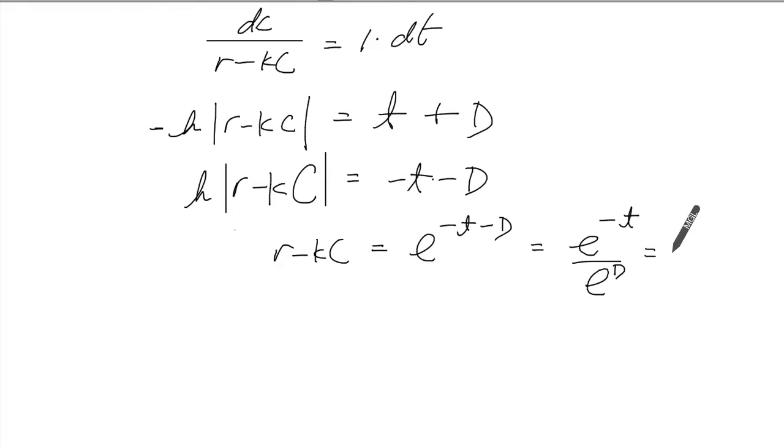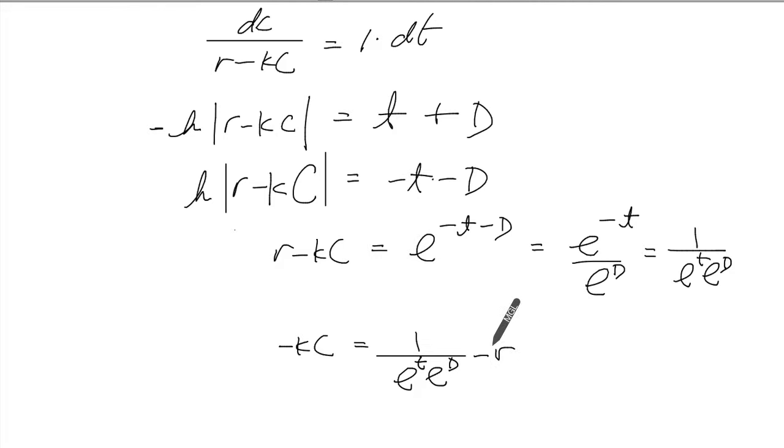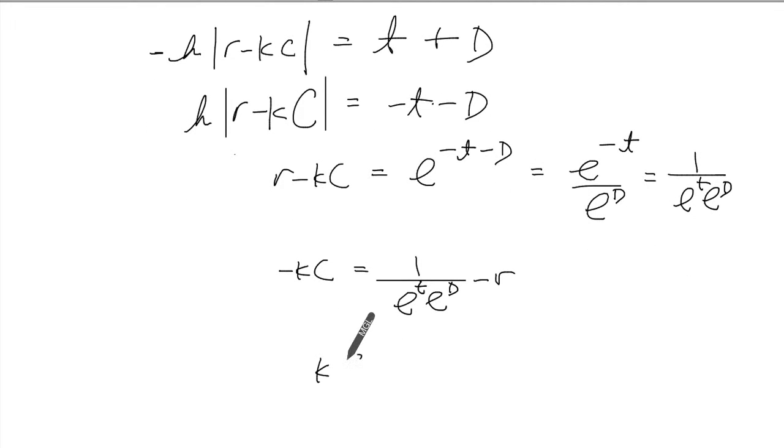That's the same thing as 1 over e to the power of t times e to the power of D. All right, so we have then minus kC is equal to 1 over e to the power of t e to the power of D, minus r. Then kC is equal to, divide both sides by the minus k, and we get r over k minus 1 over k e to the power of t e to the power of D.